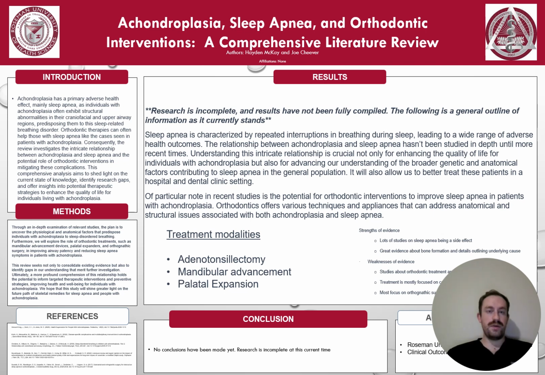We've gone through and used many sources like PubMed and used our inclusion and exclusion criteria and found lots of great articles about sleep apnea being a direct side effect of achondroplasia, and great evidence that shows more about the bone formation and details outlining the underlying causes of the sleep apnea because of their smaller faces, the stunted growth in certain places, and in the maxilla.